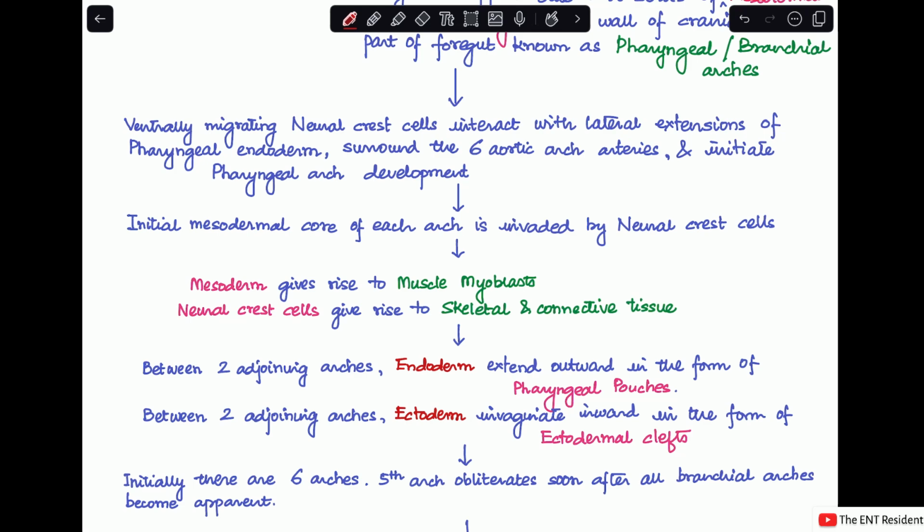As a result of these neural crest cells, the mesodermal core of each pharyngeal arch is invaded by these neural crest cells. And the mesoderm and the neural crest cells will form different structures of the body. The mesoderm will form the muscle myoblasts, which will give rise to the different muscles of the head. And the neural crest cells will give rise to the skeletal and the connective tissue.